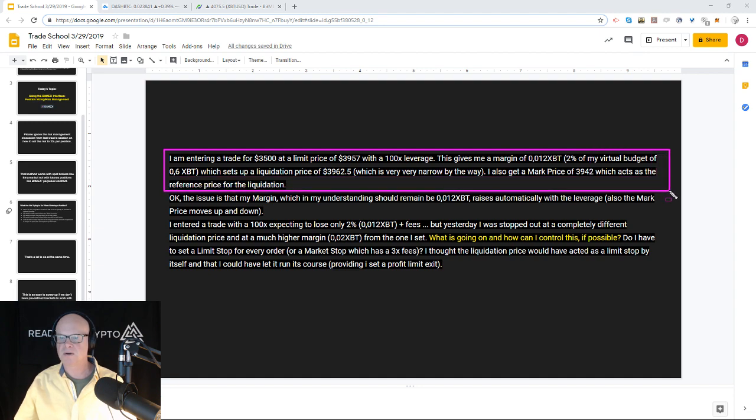He says, okay, I'm entering a trade at $3,500 at a limit price of $39.57 with 100x leverage. I don't know if this is the number of contracts he was using, but that's an awful lot. And 100x leverage means that's maximum leverage. This gives me a margin of 0.012 XBT, 2% of my virtual budget.